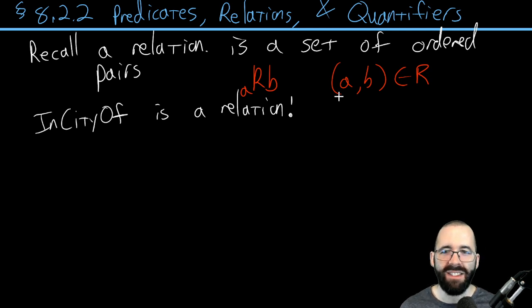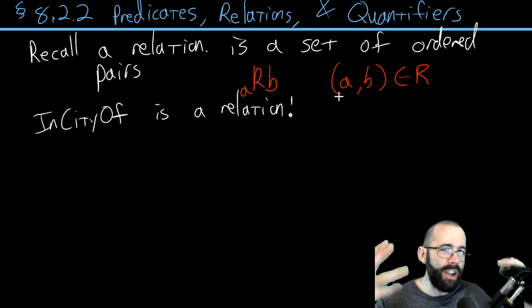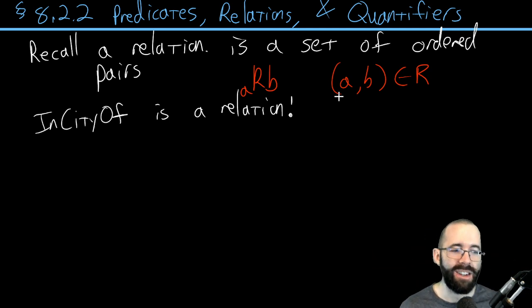I don't think that really makes sense. Is it symmetric? If I'm in the city of Olympia, is Olympia in the city of me? Ooh, I do like the sound of that, but no, it's not symmetric. And is it transitive? No, not really. So this is a relation, but because the domain and the codomain of our relation are different things, it's of course not going to be an equivalence relation, but I'm just trying to jog your memory of some of those concepts that we talked about earlier this quarter.